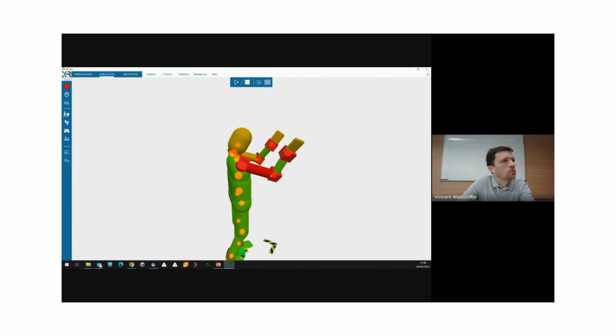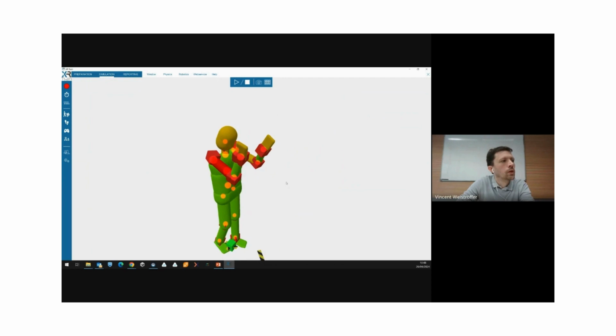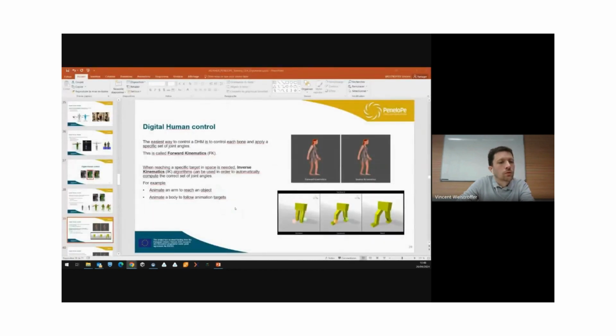What is interesting to understand is that I can give some targets that are out of reach, either in position or in rotation, but I want the virtual mannequin to still follow. I will end the demo here and go back to the presentation.